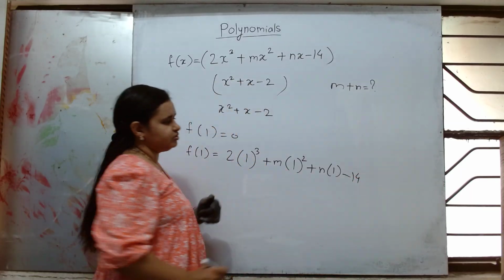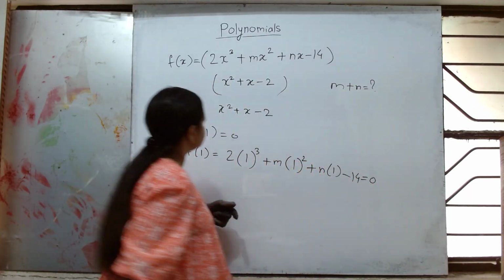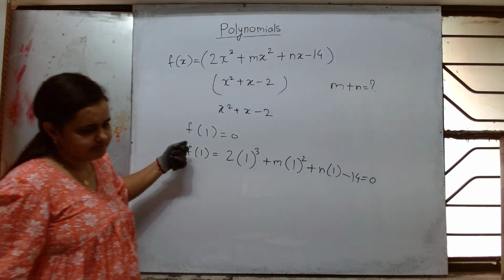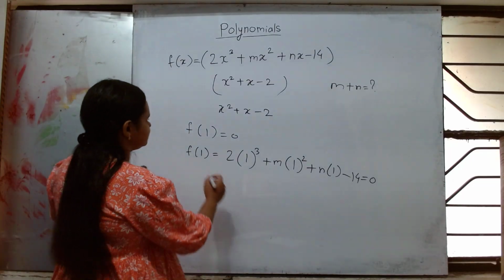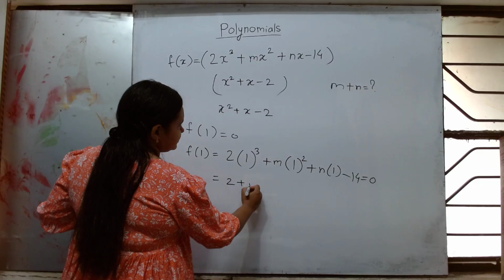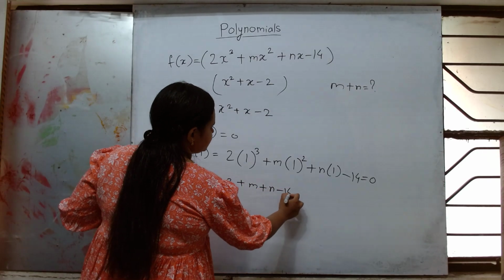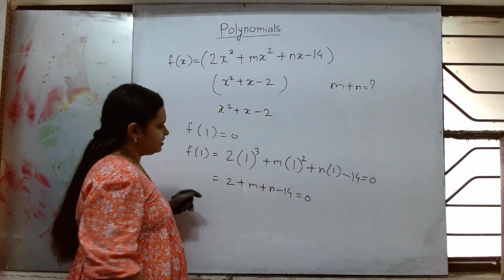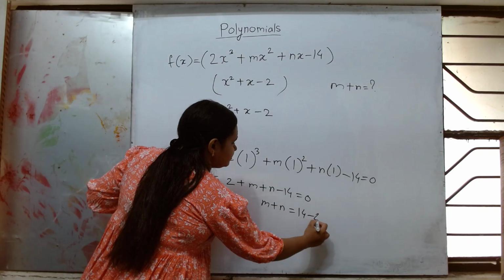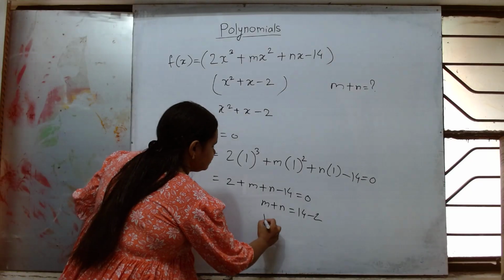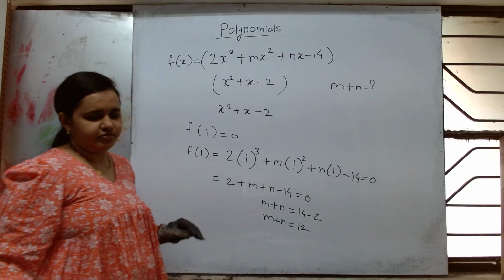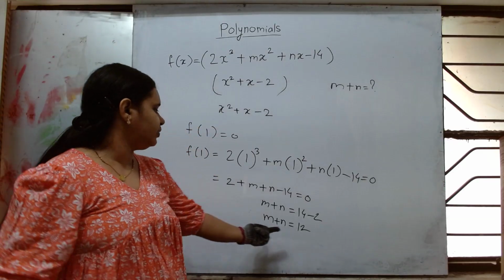It is equal to 0, as x minus 1 was the factor. Now 1 cube is 1. Here it will be 2 plus m plus n minus 14 equals 0. Now m plus n will be 14 minus 2. So m plus n will be equal to 12. Okay. We have got the value of m plus n as 12.